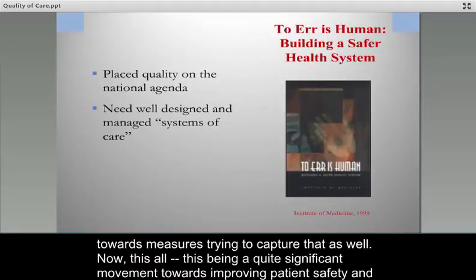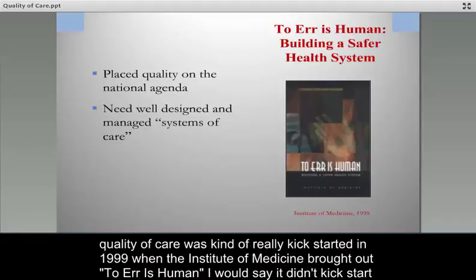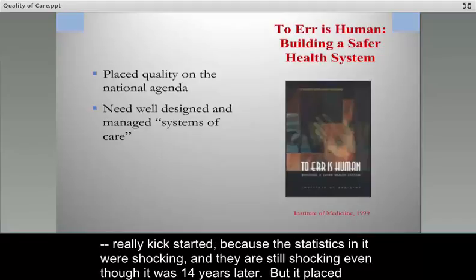Now, this significant movement towards improving patient safety and quality of care was really kick-started in 1999 when the Institute of Medicine brought out To Err Is Human. It really kick-started because the statistics in it were shocking, and they are still shocking, even 14 years later.